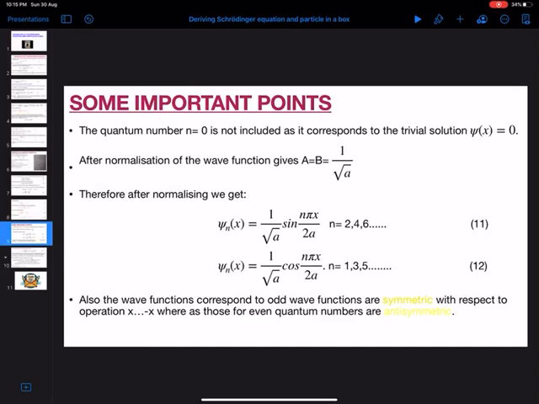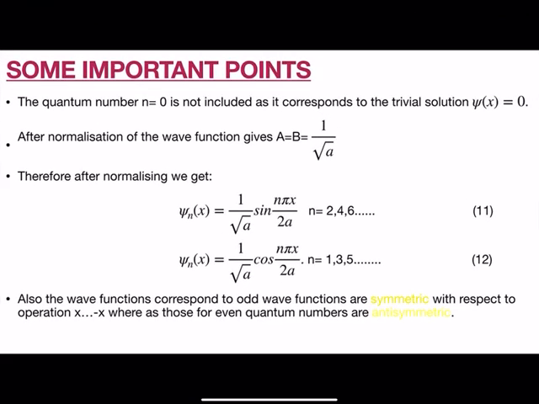So, next slide, some important points. Here we can see the quantum number n equal to 0 is not included, as it corresponds to the trivial solution. n equal to 0 is in accordance with the zero point energy. There is some energy, so you can't take n equal to 0.